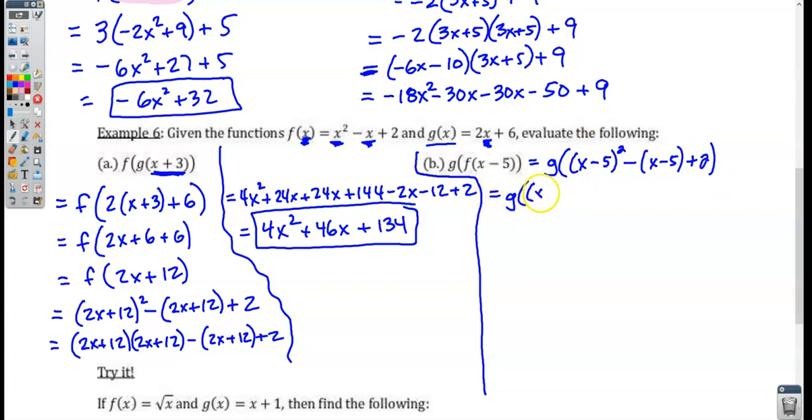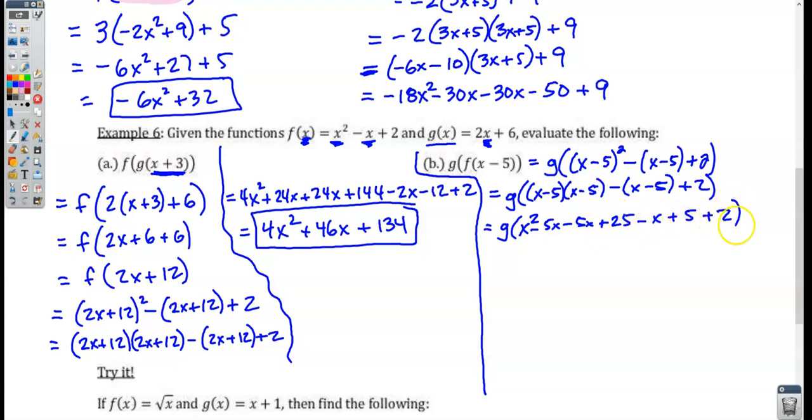This is x minus 5 times x minus 5. And so that's x squared minus 5x minus 5x plus 25 minus x plus 5 plus 2.